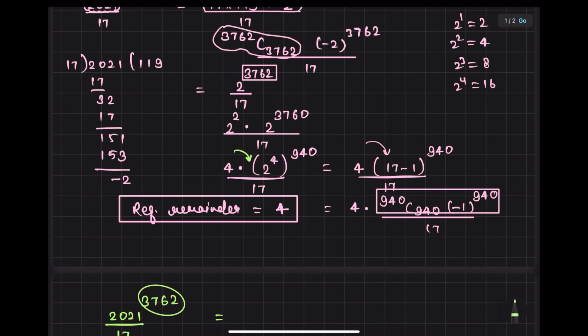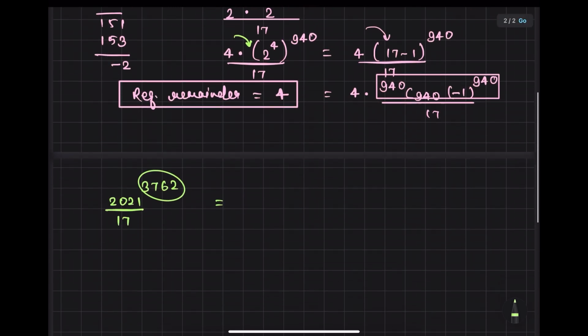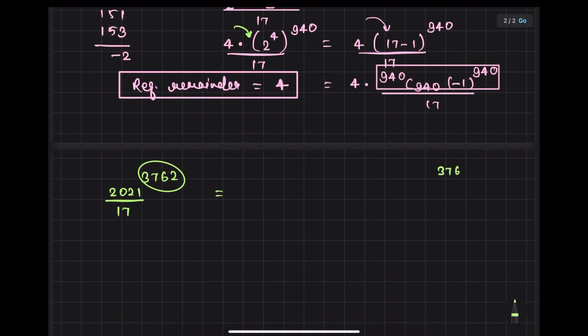So 3762 divided by 16: 2 times 32, so we have 5; 3 times 48; so we get 235. 16 5 times is 80, so we got 2.